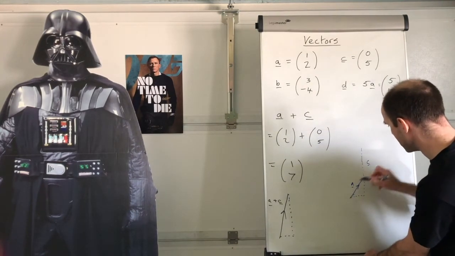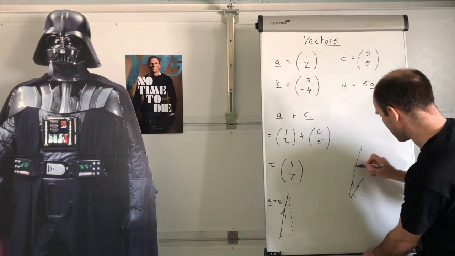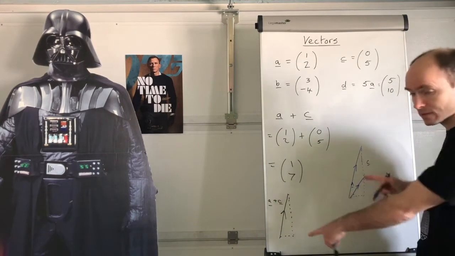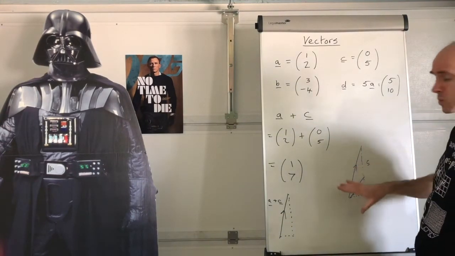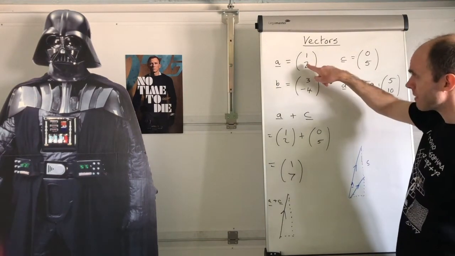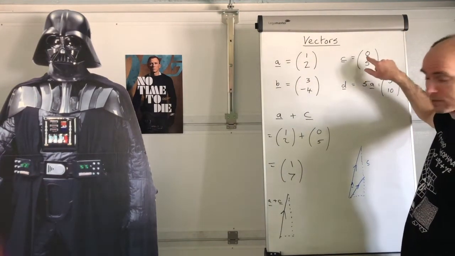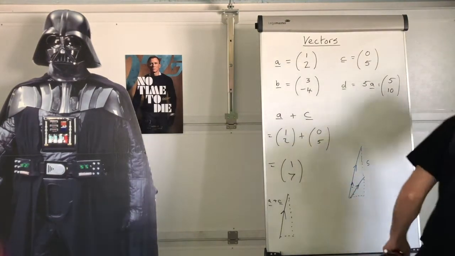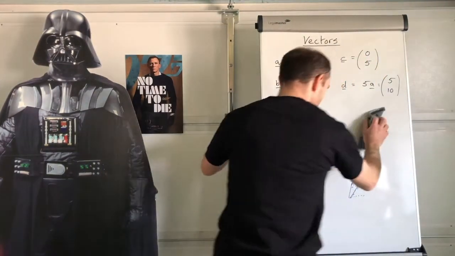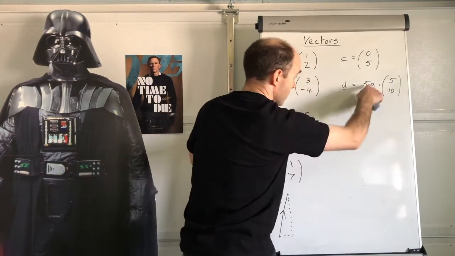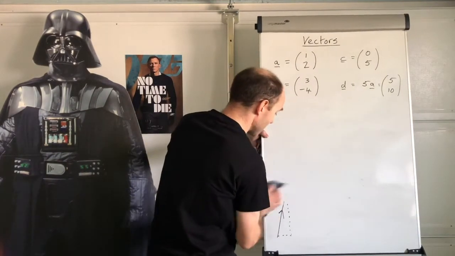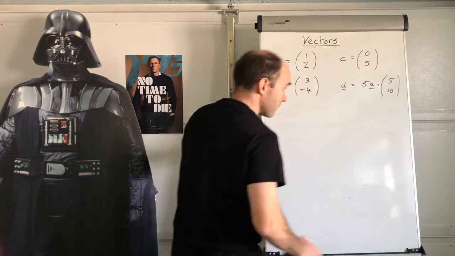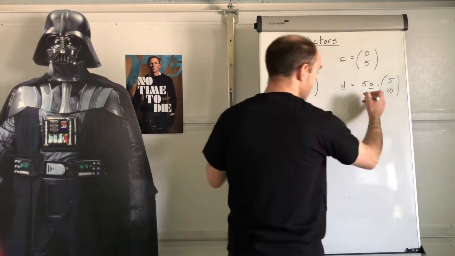And that's vector C. And notice the end result is exactly the same as that. There's two ways of doing it. The way that vector addition works visually is you draw that vector first and you draw that one on the end of it. That's basically what vector addition is. Now I want to turn to that bit again, the fact that D is equal to 5A. That 5 is what we call a scalar.